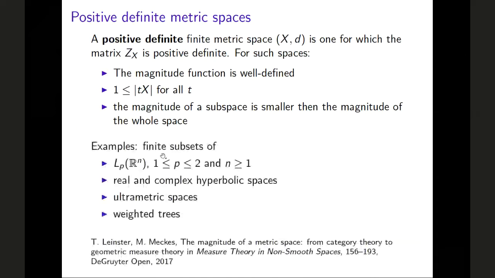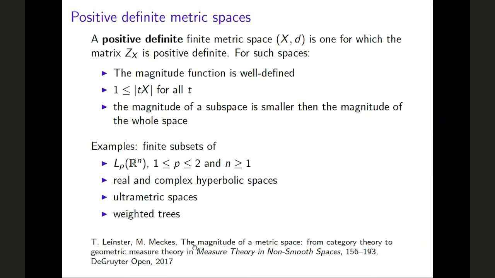And examples of such spaces are finite subsets of L^p spaces, real and complex, finite subsets of real and complex hyperbolic spaces, ultrametric spaces, and so on. And there is this very nice overview by Leinster and Meckes from 2017, and there they give an overview of most of their results in the research on magnitude up to 2016-17 when they wrote the paper.